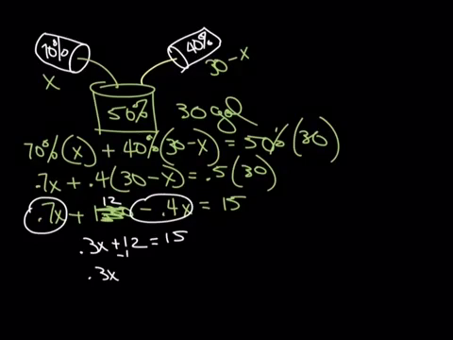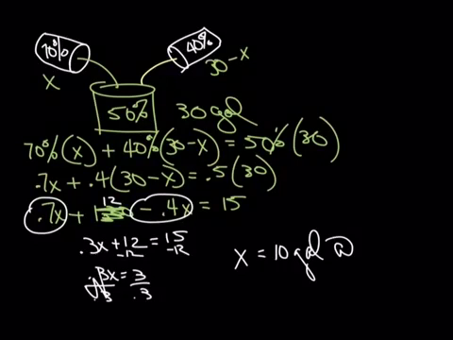0.3x, subtract 12 here, subtract 12 here, equals 3. And I'm going to divide by 0.3, divide by 0.3, and that goes away. And my x is 3 divided by 0.3, which is 10 gallons at 70%.